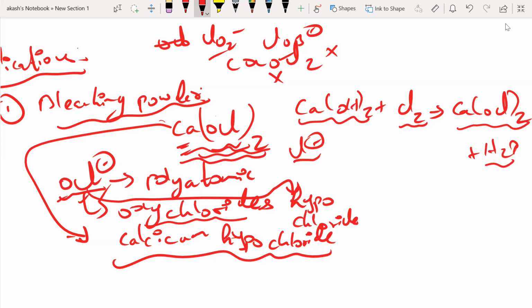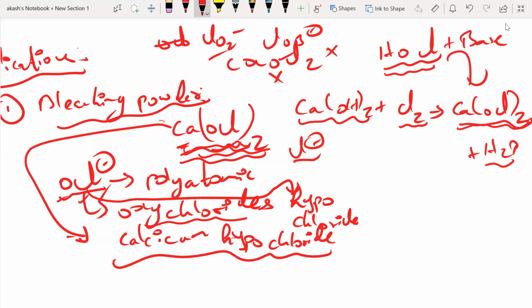Fine. If I tell you that there is an acid like this, HOCl, and this is again a salt, calcium CaOCl twice, again a salt, so using this acid and some base, can you tell me how I am going to form this? That means this plus some base will give you CaOCl twice.